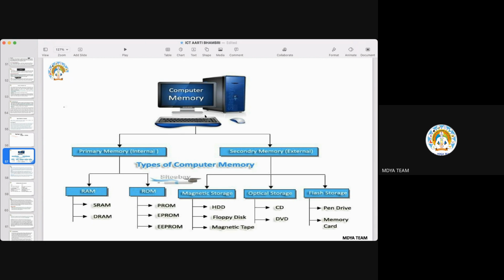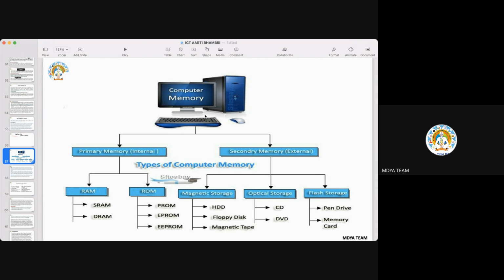ROM is of three types: PROM, EPROM, EEPROM. P stands for programmable. Generally, ROM memories are permanent memories, but through some special process, which a common user cannot do, you can read and write some instructions.